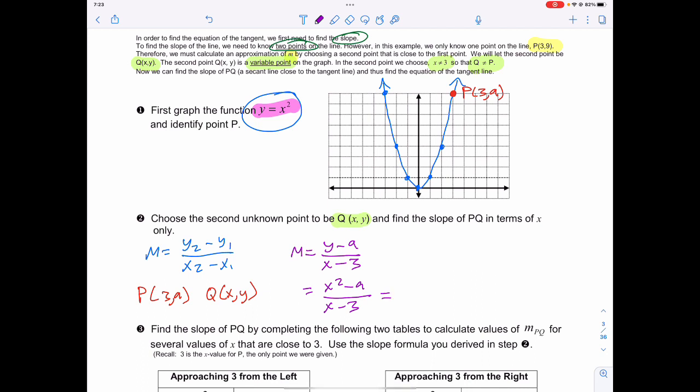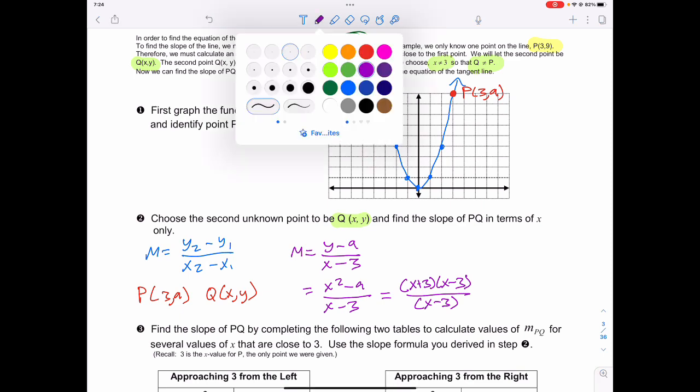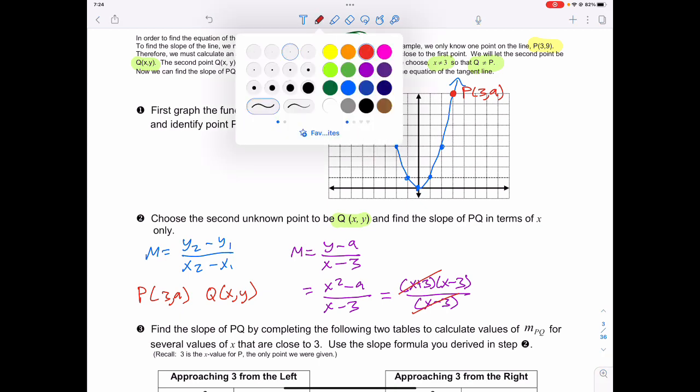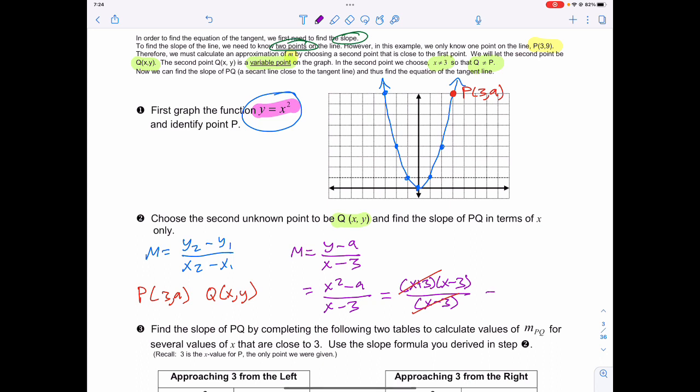From here, remembering our rational functions, we can factor the numerator. So x squared minus 9 is just going to be x plus 3, x minus 3, over x minus 3. And I can pull out the common factor of x minus 3 from the top and the bottom, which means that my slope can be represented just by x plus 3.